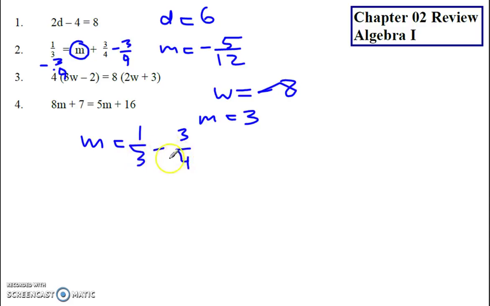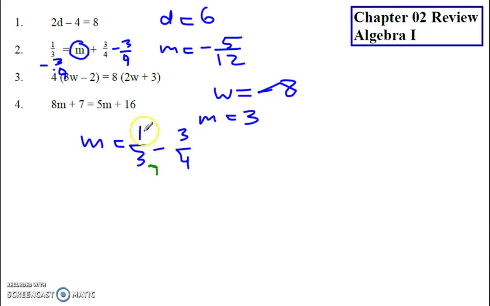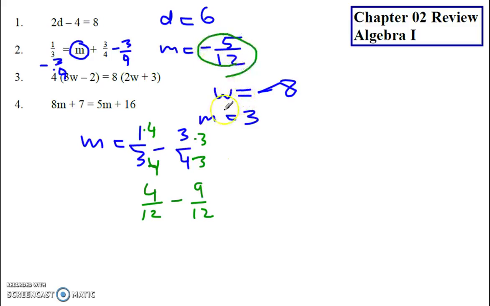Well, in order to subtract fractions, I need a common denominator. So I'm going to make it 12. That means multiply this fraction by 4, and multiply this fraction by 3. So then I get 4/12 minus 9/12, and that gives me negative 5/12.